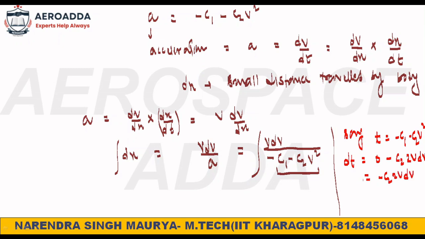It's simple differentiation: you differentiate t with respect to velocity v, then you get 2v into dv.